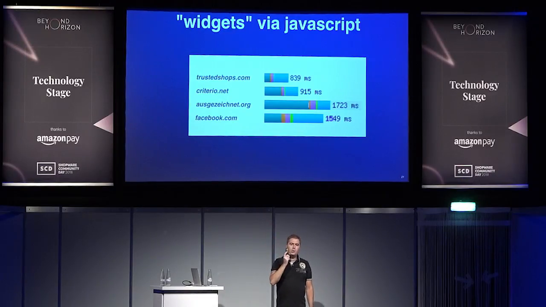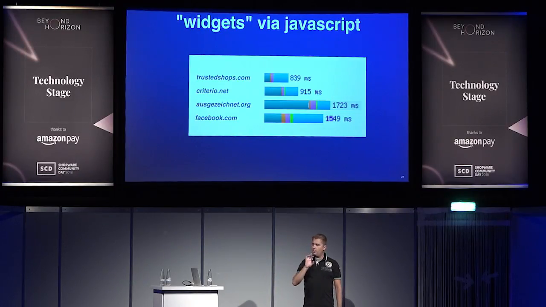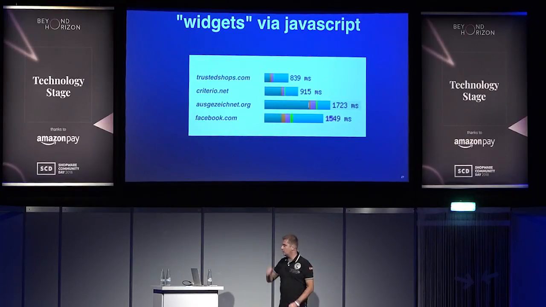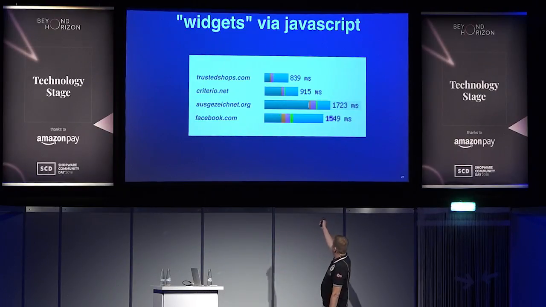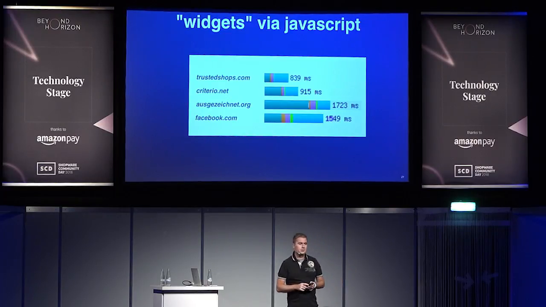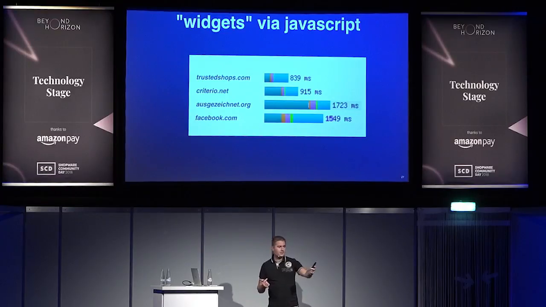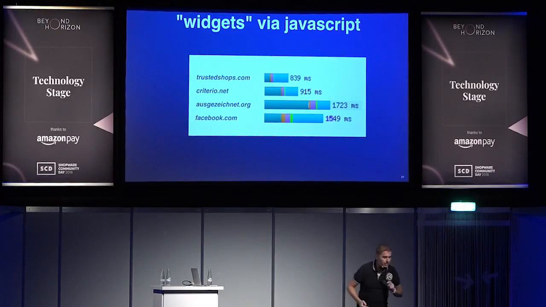Okay. What do you think would be a very, very simple solution to still have this information in the shop, but to get rid of this JavaScript calls, which take up to 1.7 seconds? Any ideas what to do? Yes? Sorry? Yes, take an image.